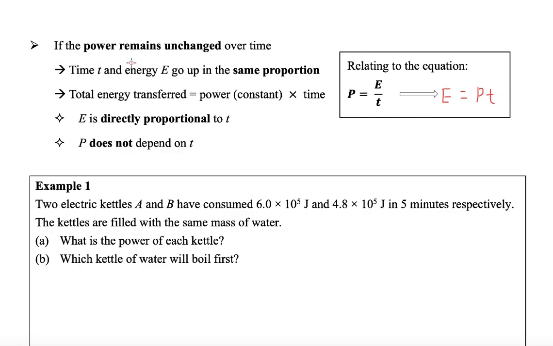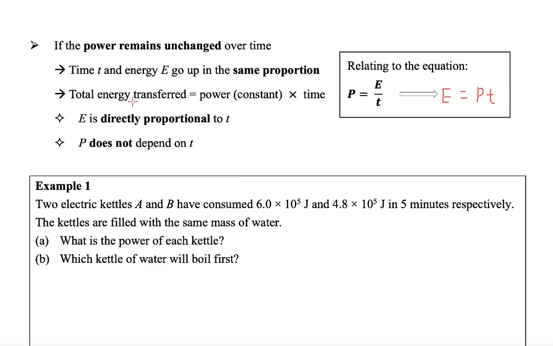And if the power remains unchanged over time, which means that the power is constant, then the time t here and the energy E, they will go up in the same proportion. In a more mathematical word, E is directly proportional to T. When T increase, then E increase.